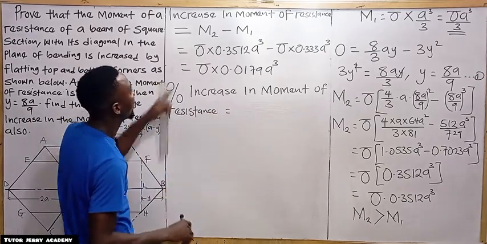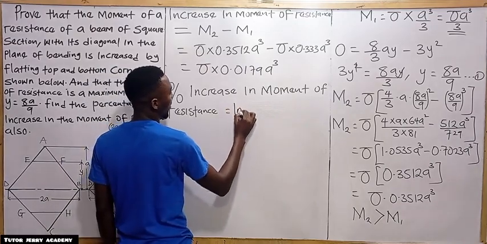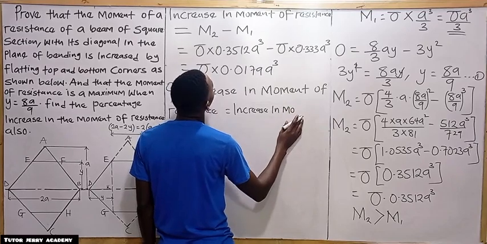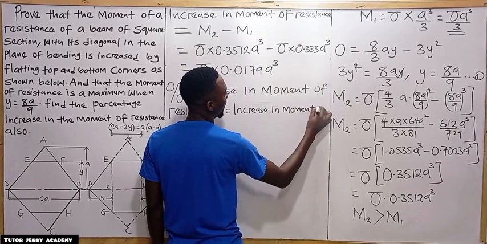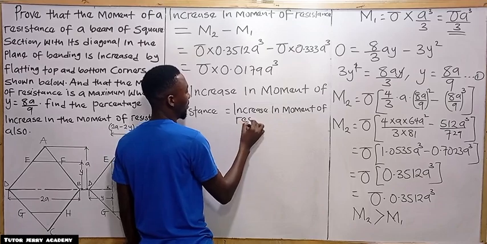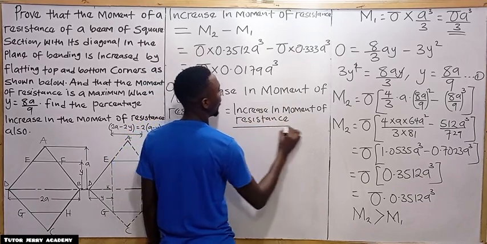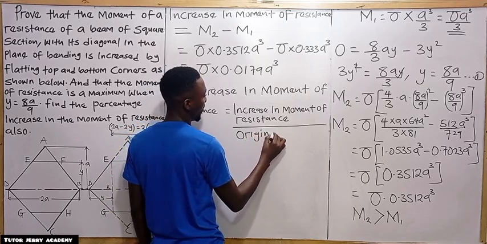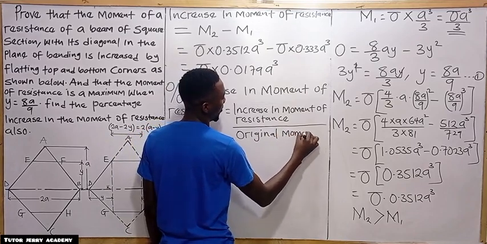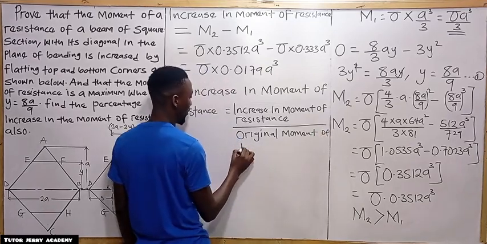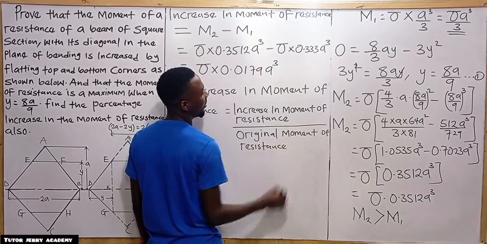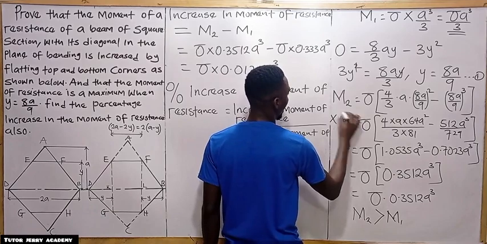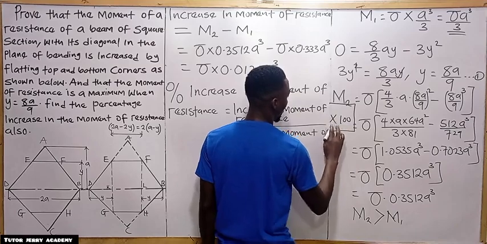So this will be equal to the increase in moment of resistance all over the original moment of resistance, then you multiply by 100. All right, so that's it.